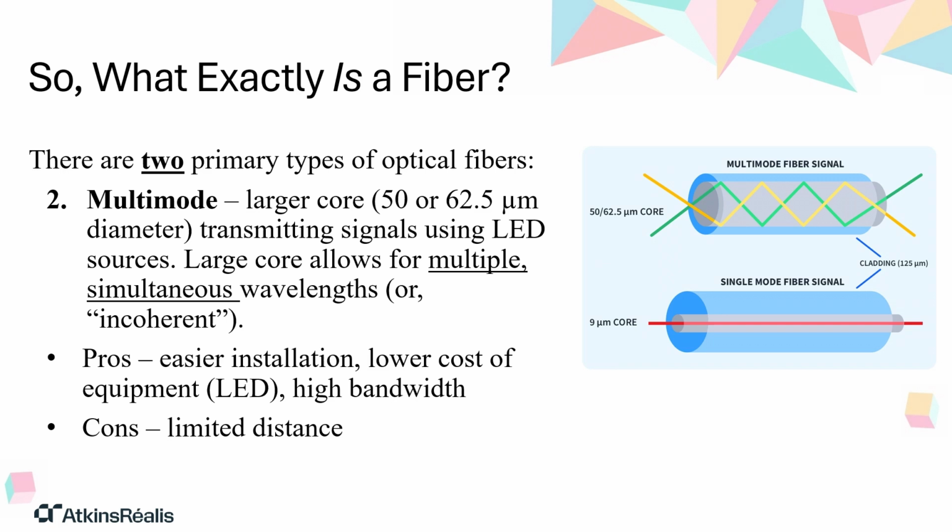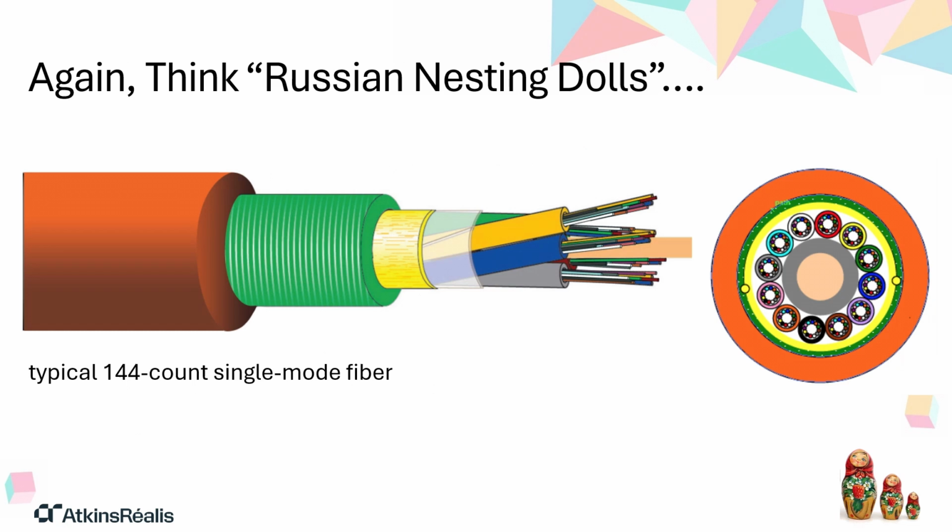In short, multimode cannot send the multiple simultaneous wavelengths as far as single mode can send a single point-to-point laser-driven source. When we think about fiber optic cables, it's a collection of those individual fibers. So again, back to our Russian nesting dolls, we're going to get to the next level bigger and talk about buffer tubes.